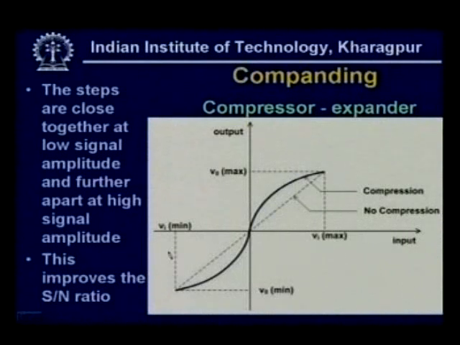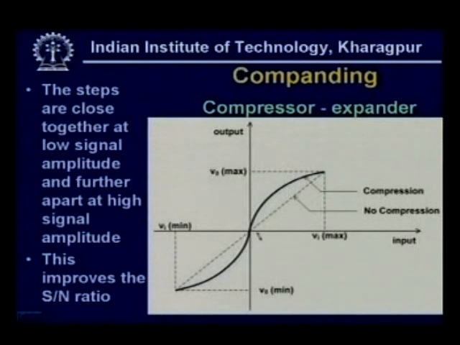For that purpose, we can use a nonlinear circuit to convert the signal in this form. As you see, whenever you are not using compression, the curve is linear for all values, smaller values and higher values.